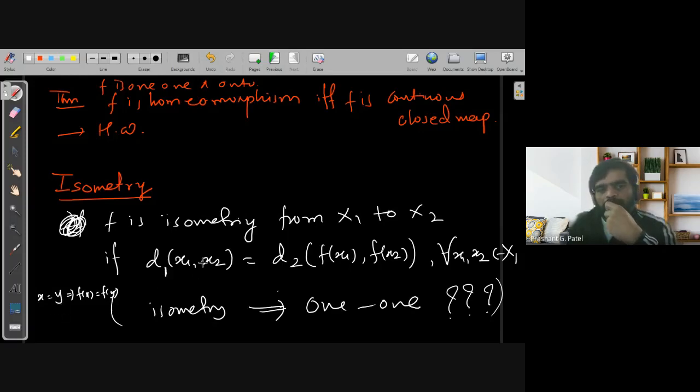So here, if x is equal to y, then this side is 0. If it is an isometry, then that side is also 0.